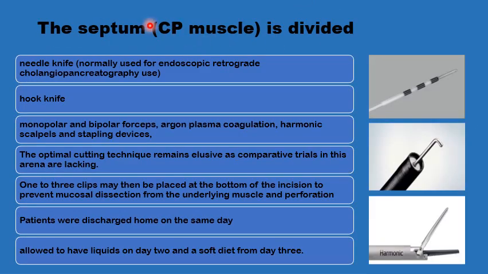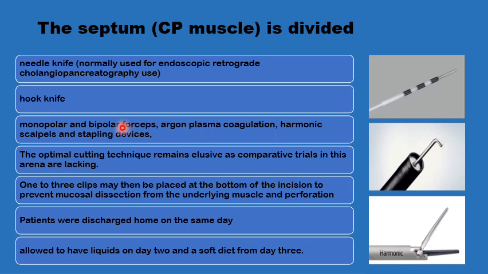And then the septum between the pouch and the lumen containing the cricopharyngeus muscle can be divided in any of the several available ways. It can be divided by a needle knife. It can be divided by a hooked knife, which has the advantage of pulling up the muscle fibers before coagulating them and dividing them. It can be divided by lasers.